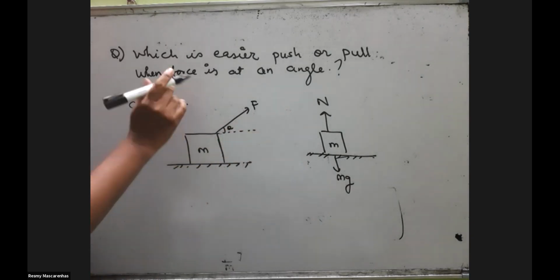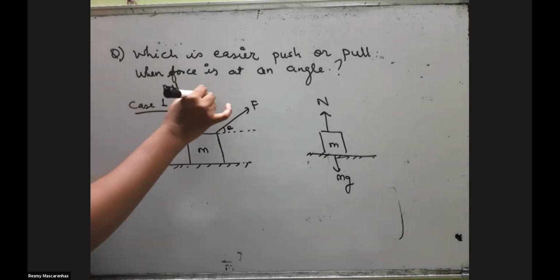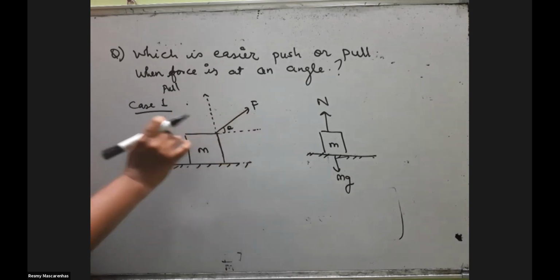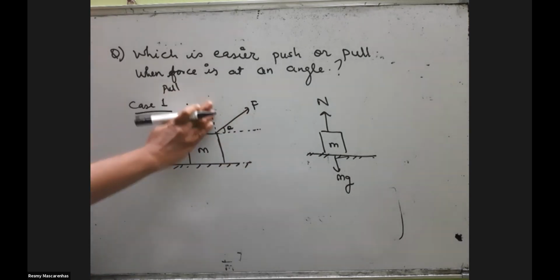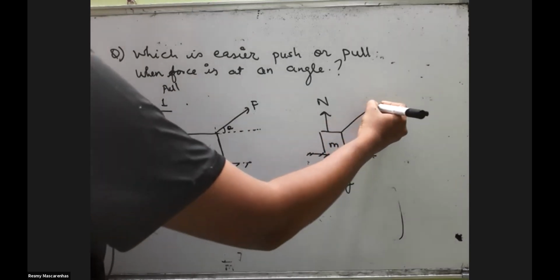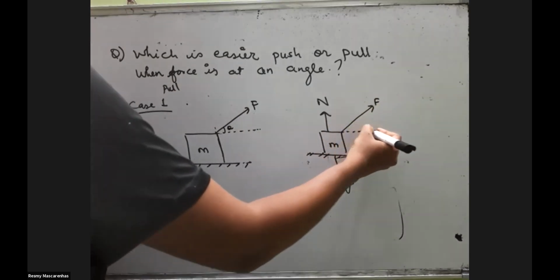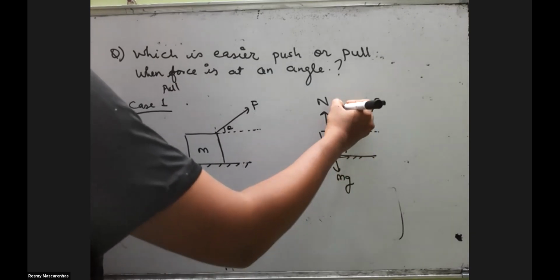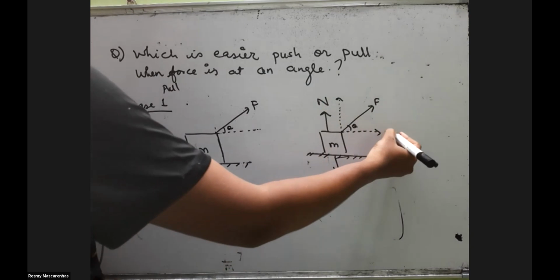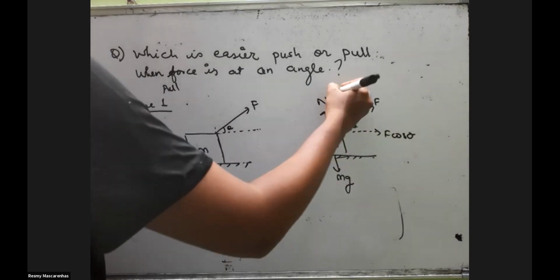It will have components. In this diagram we'll draw, otherwise you will not understand what was the question given. So if this is your theta, this will be F cos theta, this will be F sin theta.